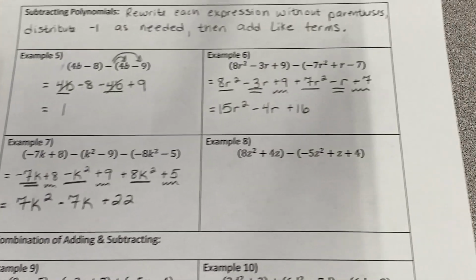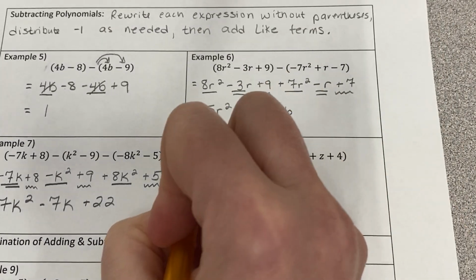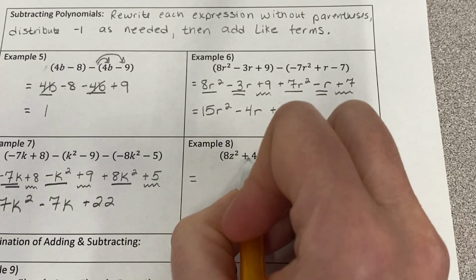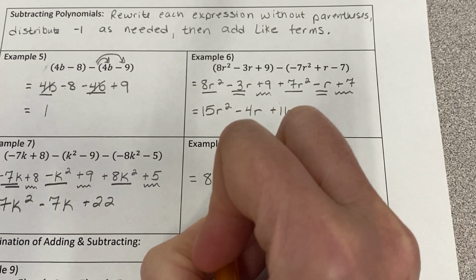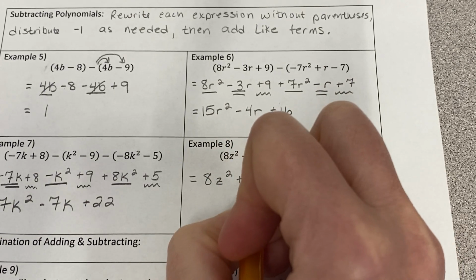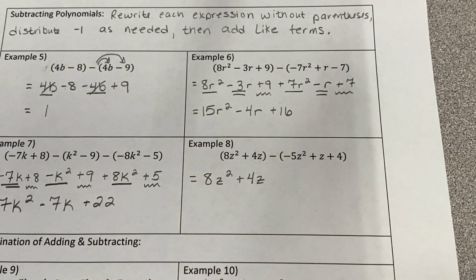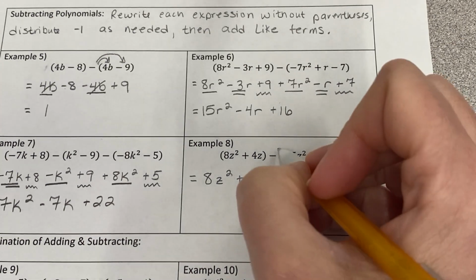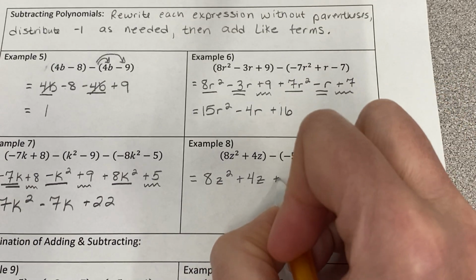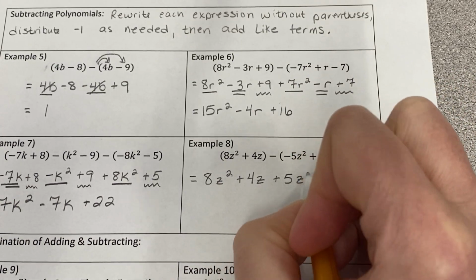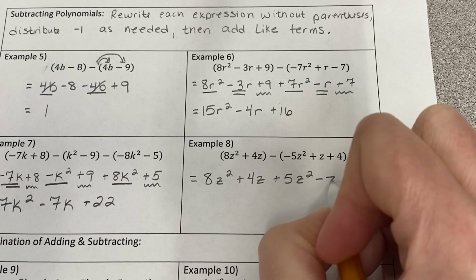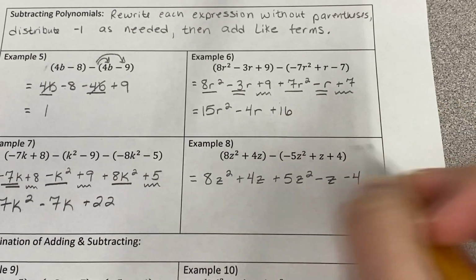All right, and last example here. This first quantity won't change. 8z squared plus 4z. I like to put the little lines through my z's, that way I don't accidentally think they're 2's later on. Okay, distribute this negative 1, so we get plus 5z squared minus 1z minus 4.